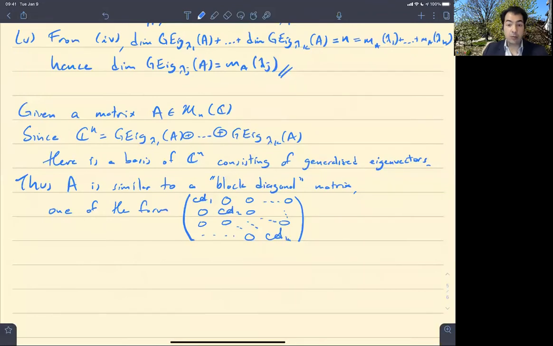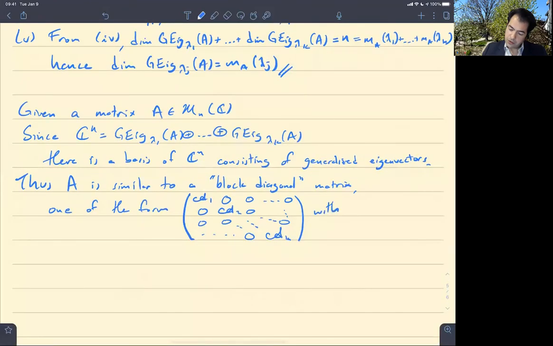So it looks like a diagonal matrix, except that these capital A's are not elements of the field, they are matrices. So each AJ would be a square matrix of size given by the algebraic multiplicity of lambda j with complex entries.